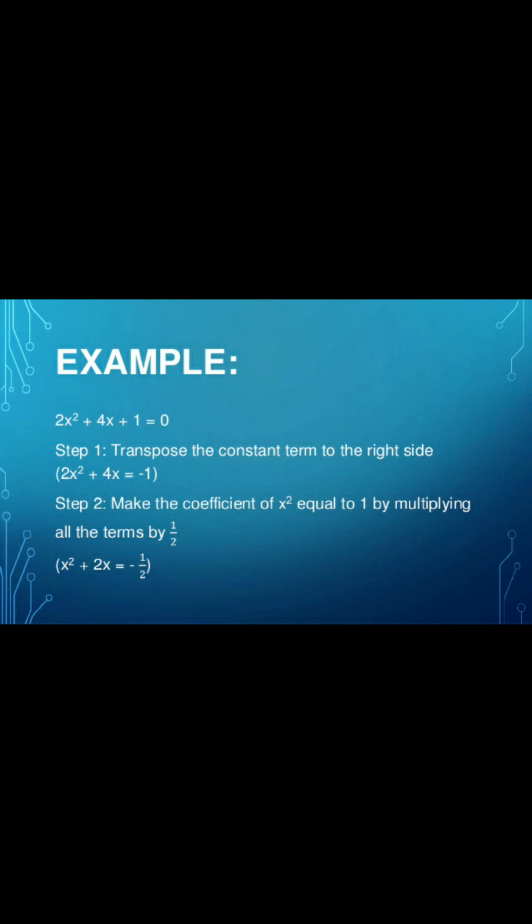Now make the coefficient of x squared equal to 1. We divide the whole equation by the coefficient of x squared, that is 2. Then the equation becomes x squared plus 2x is equal to minus 1 by 2.